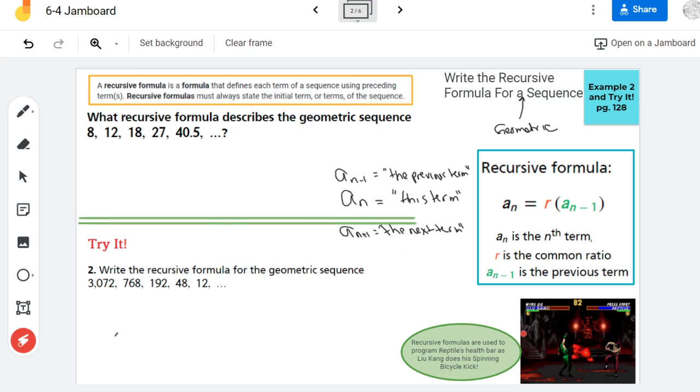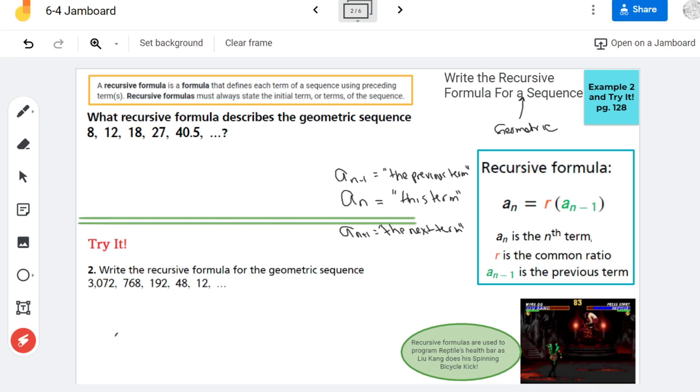Now, recursive formulas are super, super helpful in computer programming. So what I've done is down here at the bottom of the screen, I have included this GIF. Those of you that don't know, this is a game called Mortal Kombat. There's this character here in the red, his name's Liu Kang, and he's doing what is called a spinning bicycle kick onto Reptile.